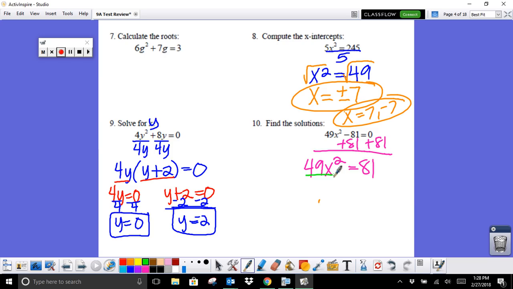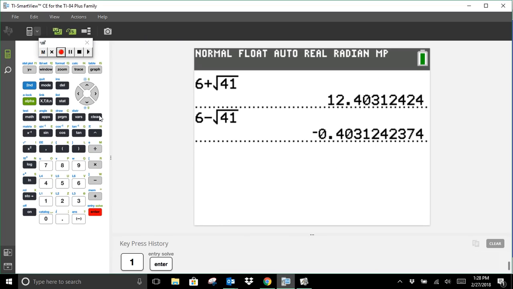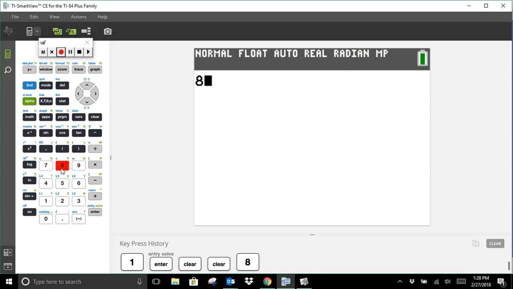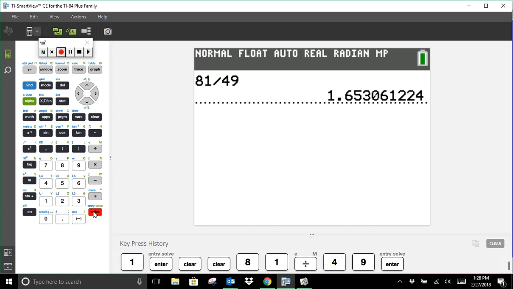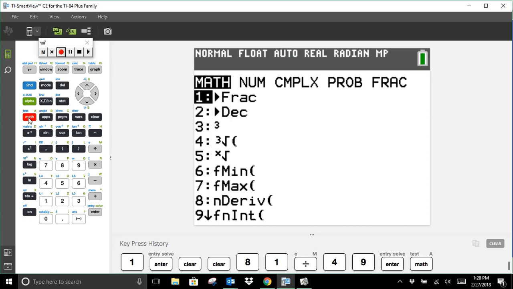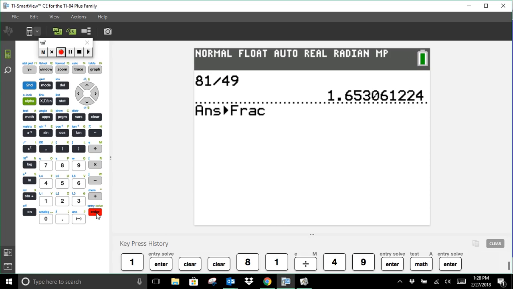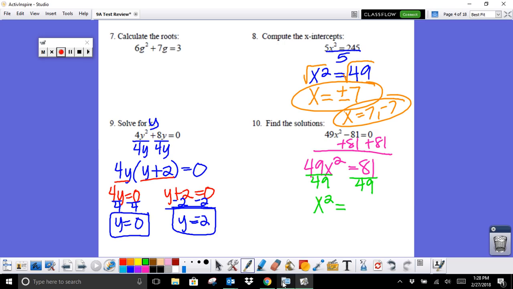I'm going to divide both sides by 49. So that's going to be x squared equals, I'm going to see if 81 over 49 goes down anymore. So 81 divided by 49. Okay, I don't want the decimal, so math, enter. And that stays as 81 over 49. Now I'm going to take the square root of both sides.